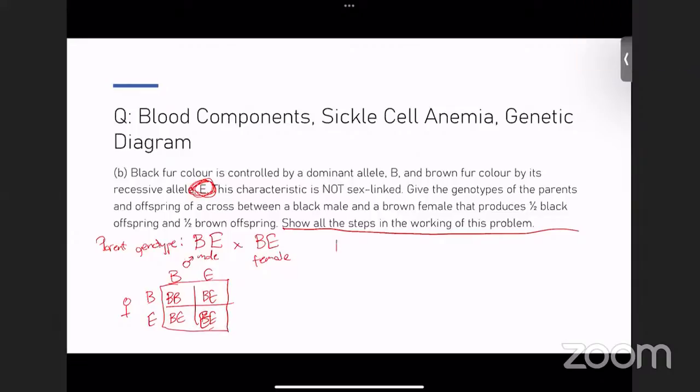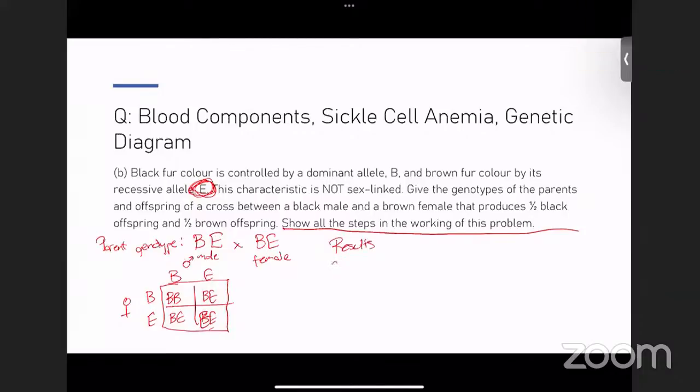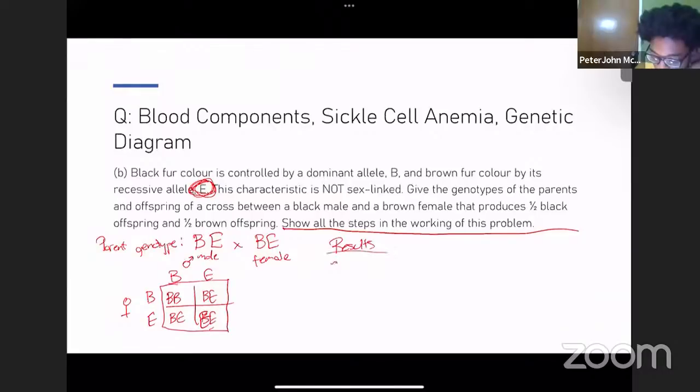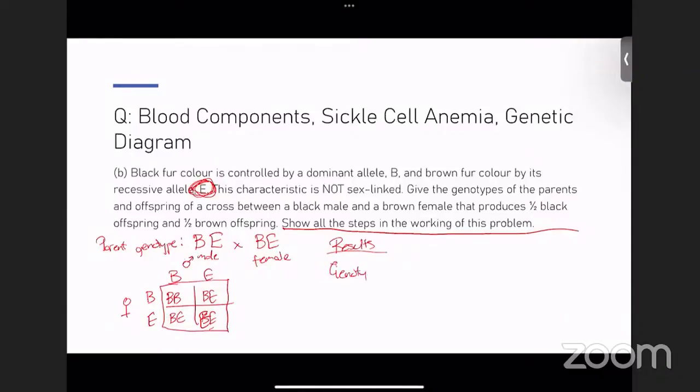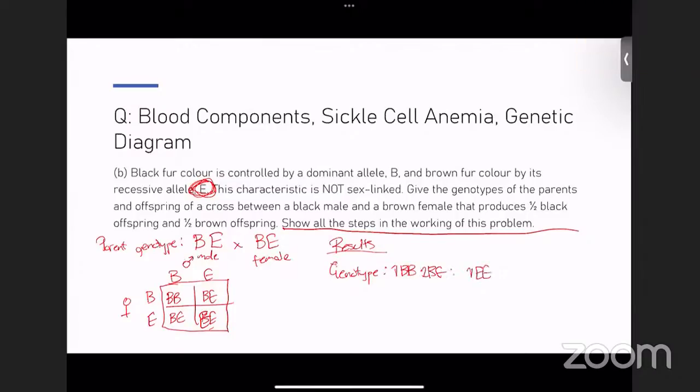Show the result. What's the first thing we put? What's our next heading? Genotype. What are our genotypes? One BB, two BE, and one EE.